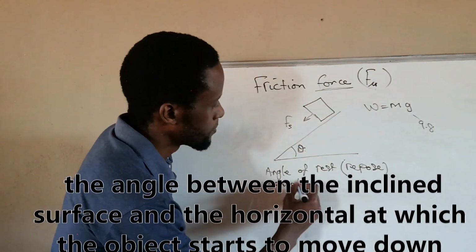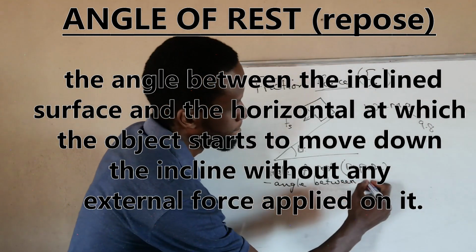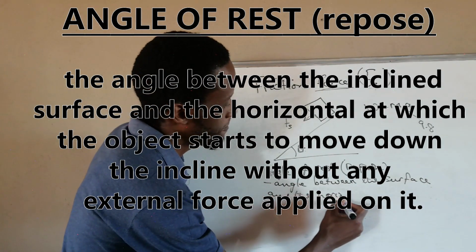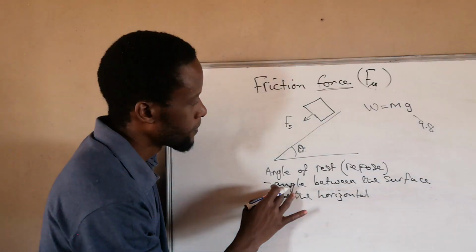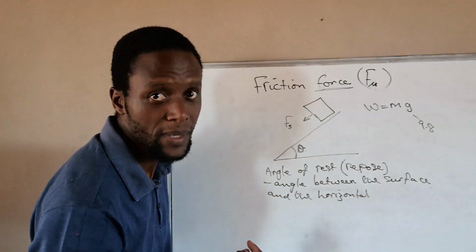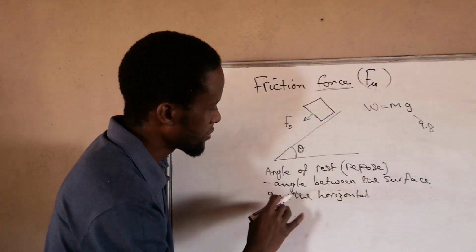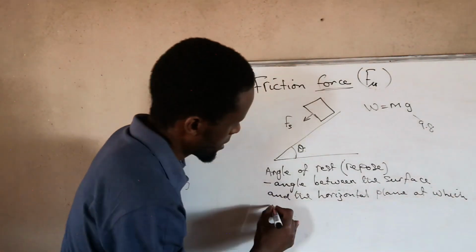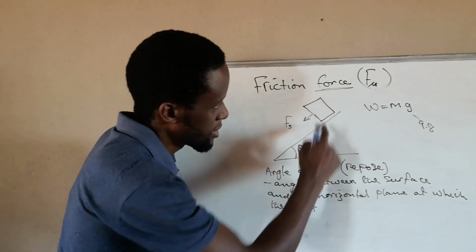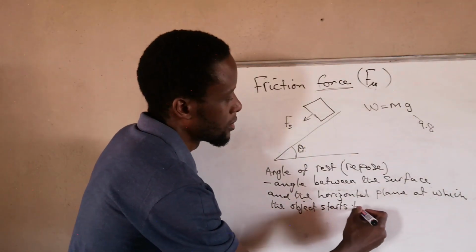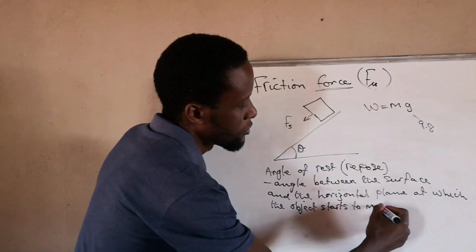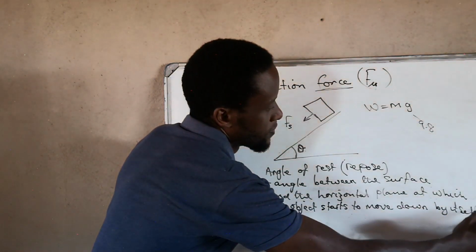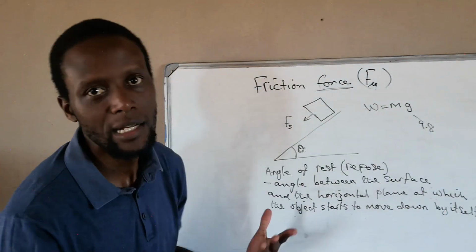It is the angle between the surface and the horizontal plane at which the object starts to move or slide downwards by itself, or without any external force applied to it.